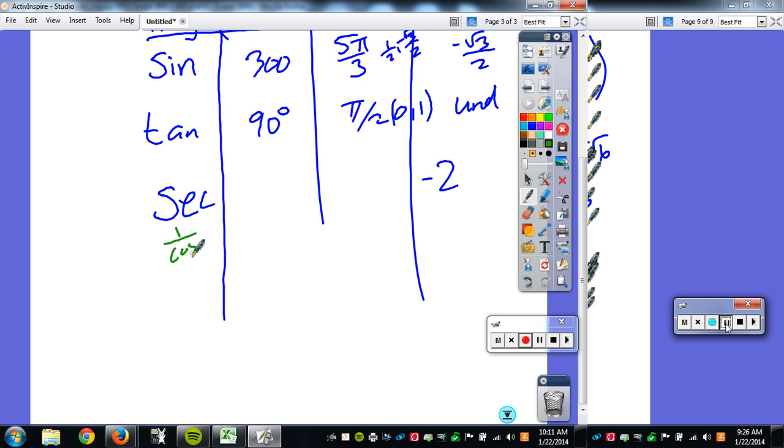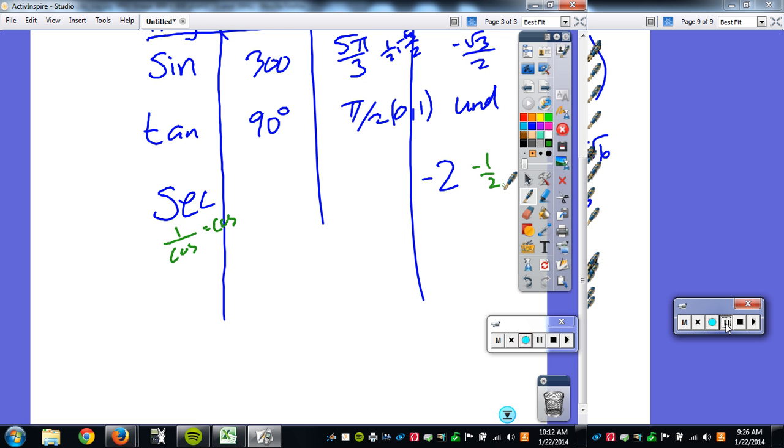Does our brain think in 1 over cosine, or do we usually think about cosine? Usually the cosine. So if I flip this, this is cosine. Well, because I flipped it, what do I have to do to the other side? I have to flip it, so basically I'm asking myself, where is cosine negative a half? You guys see how I went through that in the process of my brain? That was my brain. You guys might have to do other things. But that's what I did.